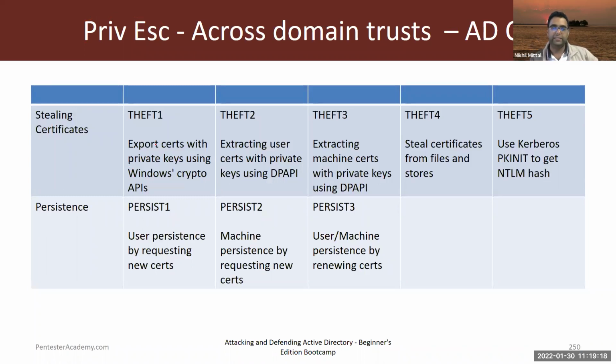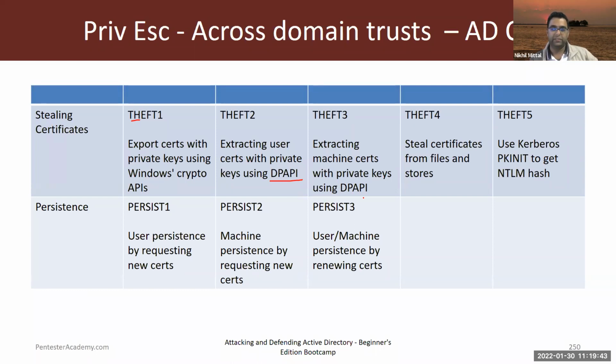So how can you steal certificates? Theft 1 is where you export certificates with private keys using Windows crypto APIs. Theft 2 is where you export a certificate with private keys using DPAPI. DPAPI is a user specific encryption method.